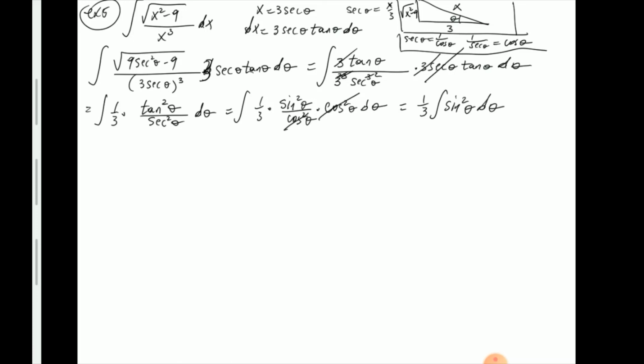Okay, now it's time to remember how you handle sine and cosine with even powers. And when you have even powers, you have to use the double angle formula to reduce the power. Again, go back to the previous section if needed. So we know that sine squared is 1/2 quantity 1 minus cosine of 2 theta.